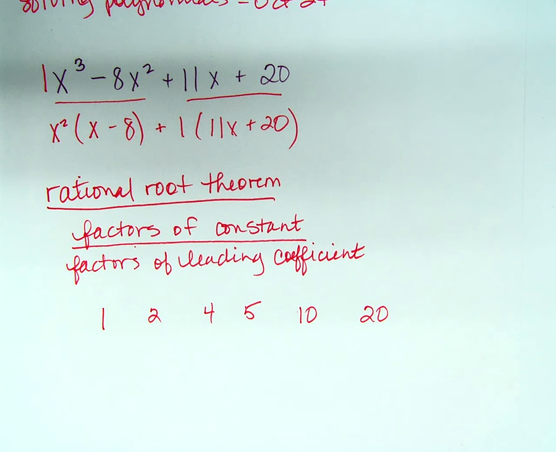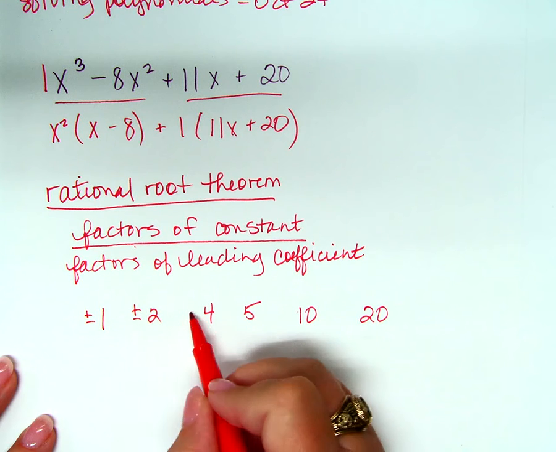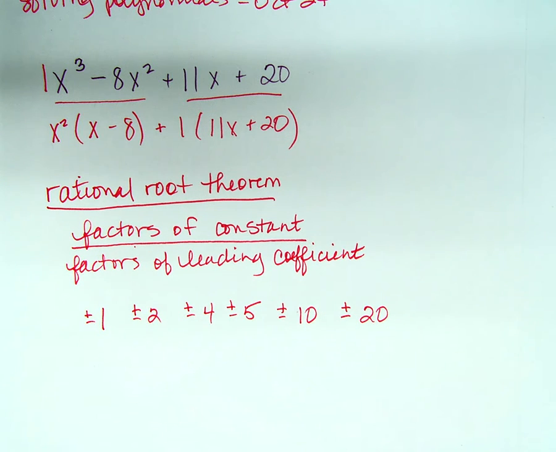What about, yes, 2 and 10 work, but what about negative 2 and negative 10? Doesn't that work also? So instead of just writing the factors like this, we need to write the factors like this, so that we take into account all the positives and the negatives possibilities.